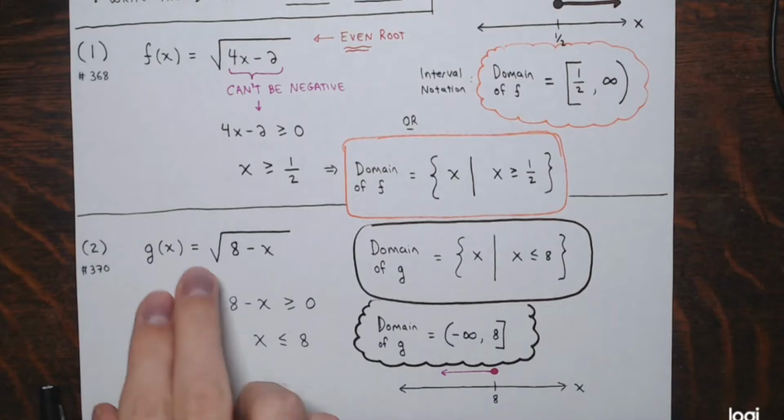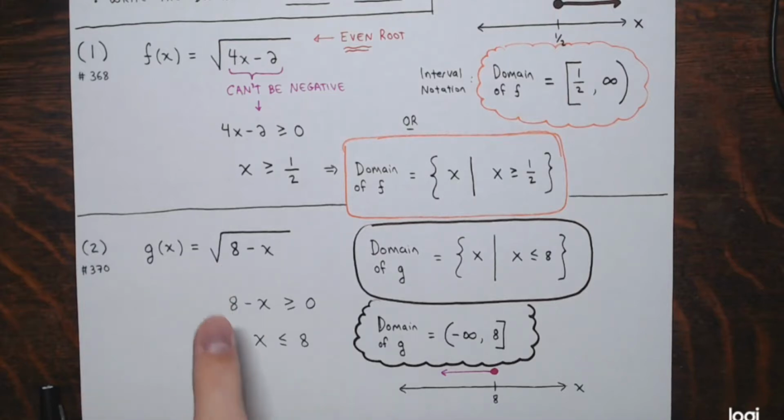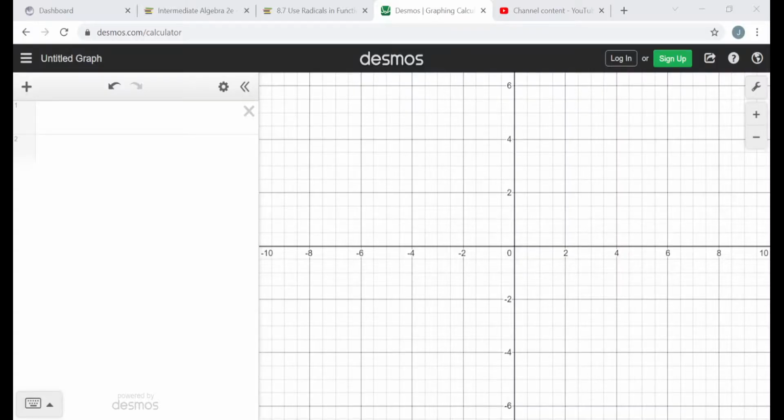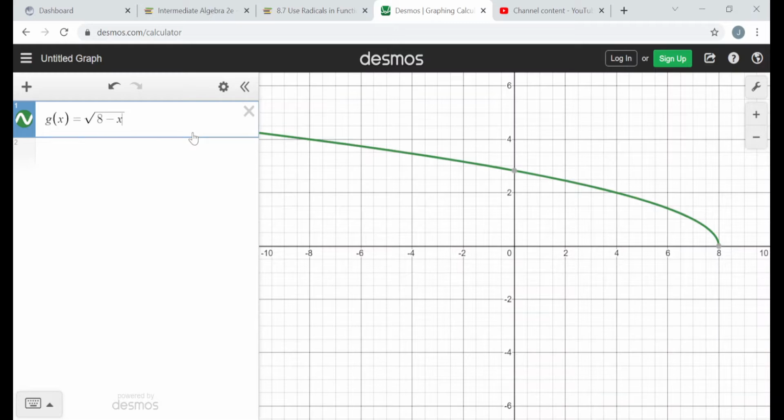Okay, and then once again I'll show you the graph of this function, and you're going to see that every point on the graph will have an x value of 8 or less, right? Let me do that, right? So I'll enter, we had g of x equals the square root of 8 minus x. And you see this green graph, all these ordered pairs popping up. And you see this point, 8 comma 0, has an x coordinate of 8.